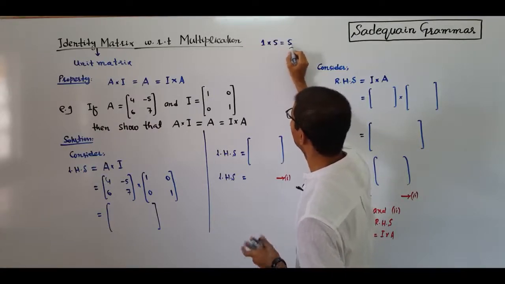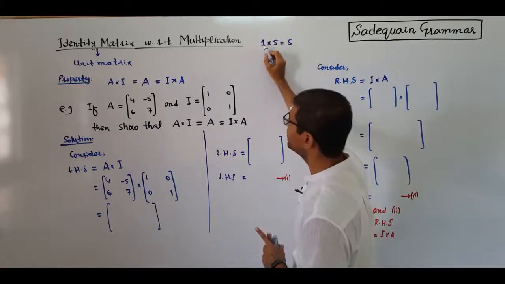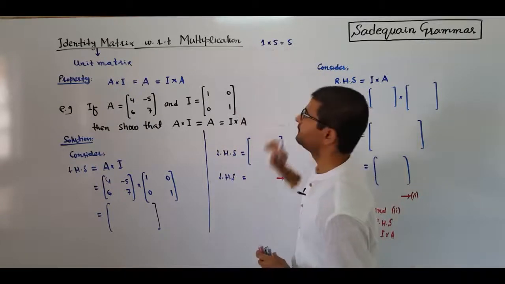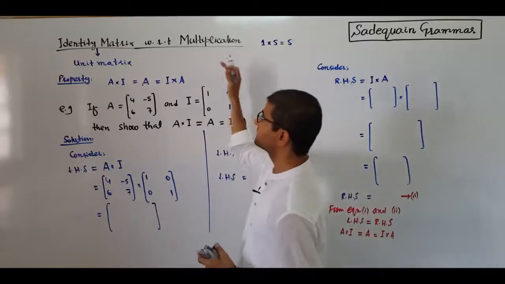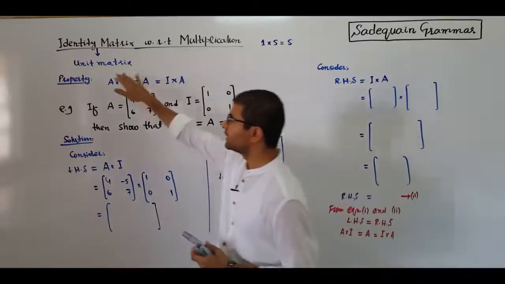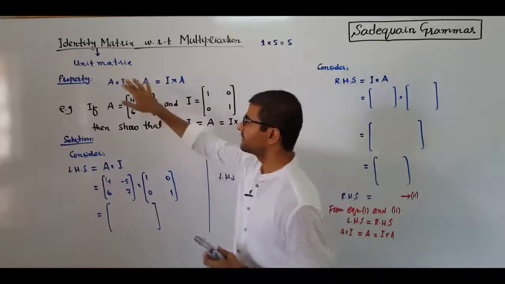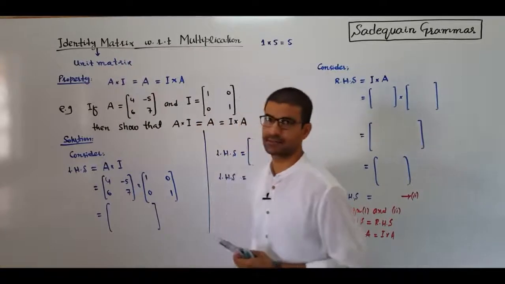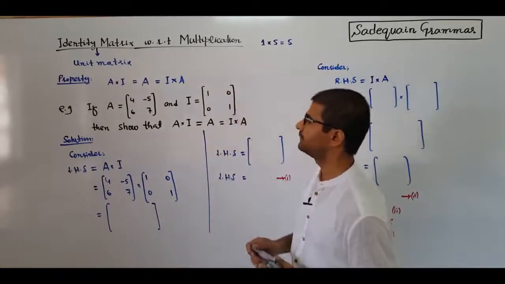This number will be identical. So 1 is known as the identity with respect to multiplication. In matrices we have an identity which is the unit matrix. So in matrices, the unit matrix is the identity matrix with respect to multiplication.